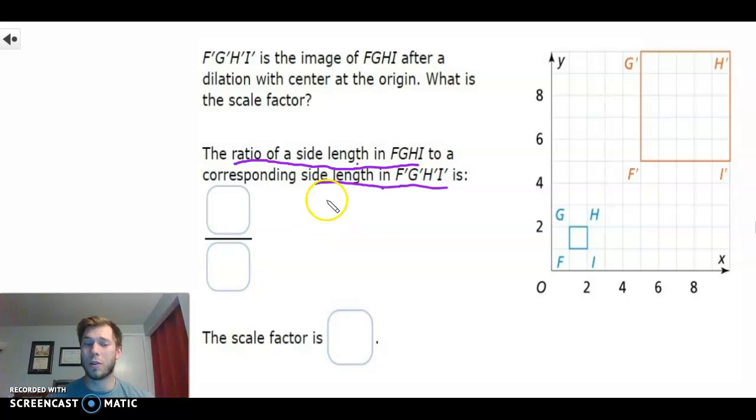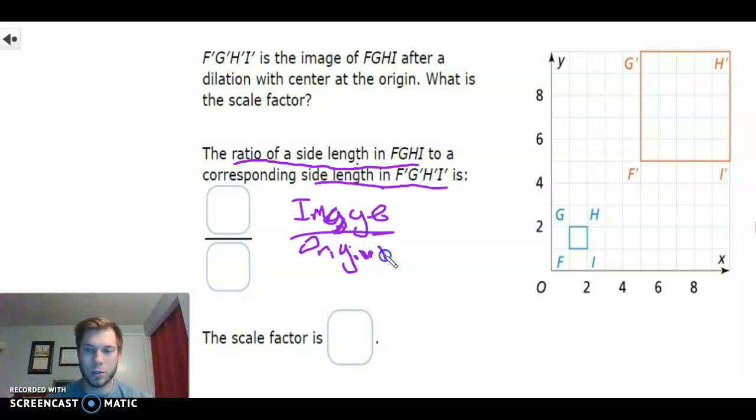Okay, guys, so as I said, we're going to write a ratio where the image, and if you didn't write this down before, oops, that's supposed to be an A, sorry, image over the original, and you're looking at side lengths here. So I'm going to choose side length G prime to F prime. When I count this out, I get 5 units, so I'm going to put 5 here as the numerator.